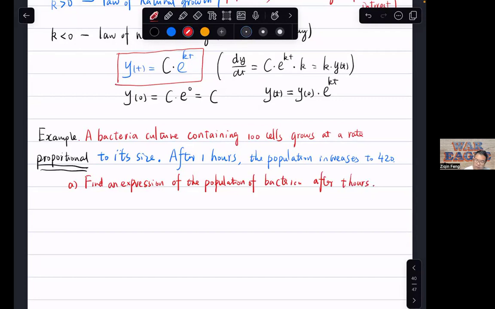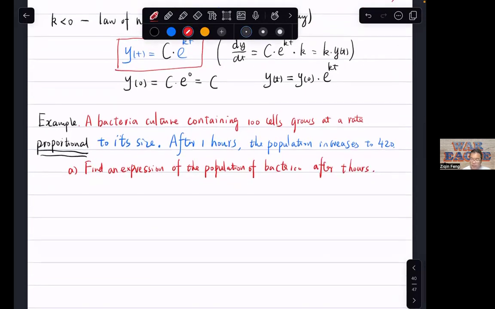So that's what we want to do first, find the population of bacteria, right? So based on the assumption, the rate of change is proportional to its size, so your function looks like this, right?